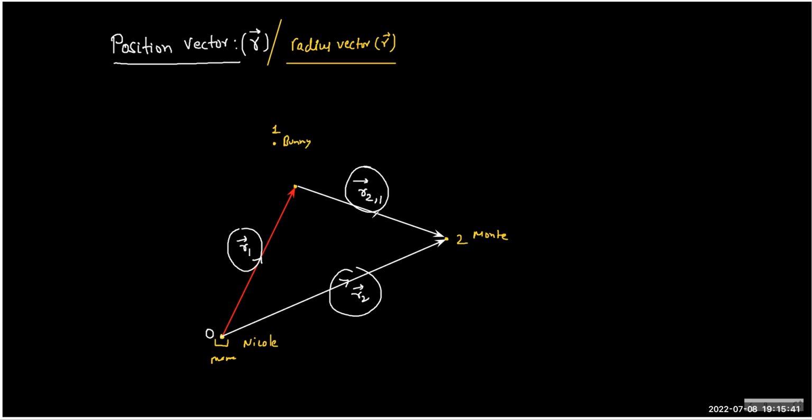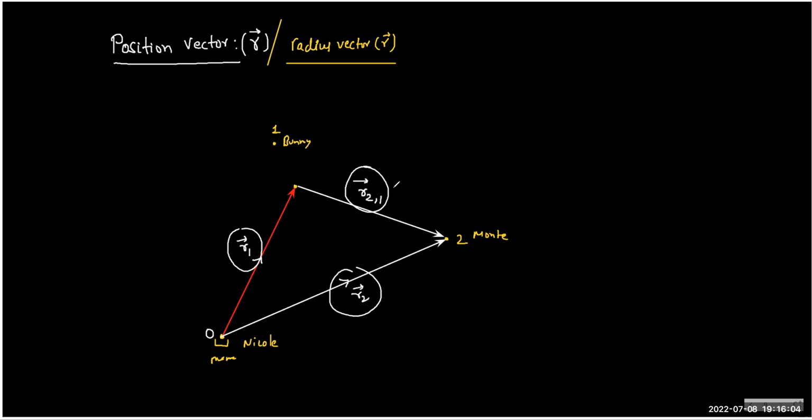Now, origin can be a person, place, or thing. Oh, it's a noun. Interesting. So origin can be a person, place, or a thing. You can take a pole, you can take a road, you can take some landmark, you can call that origin. That is my point of observation. You can take your rooftop also. Okay.